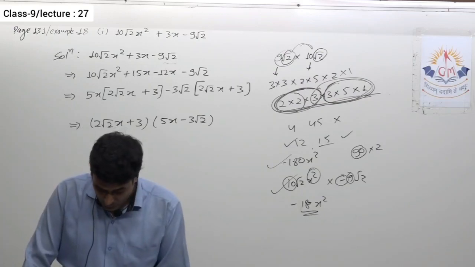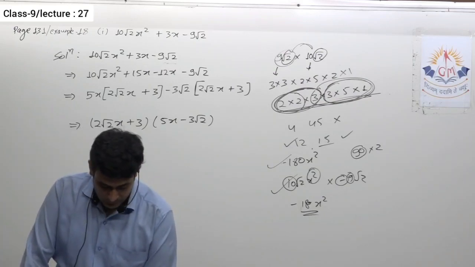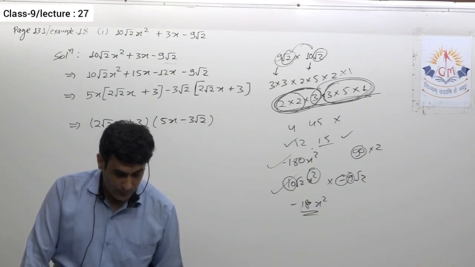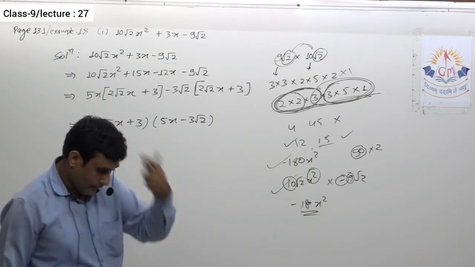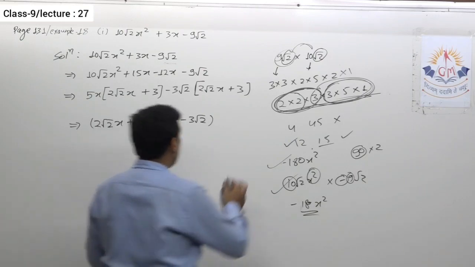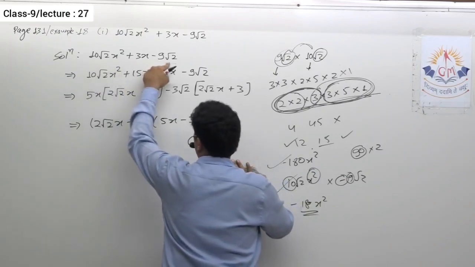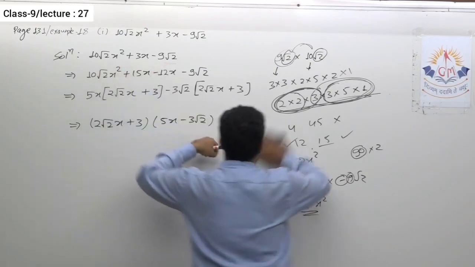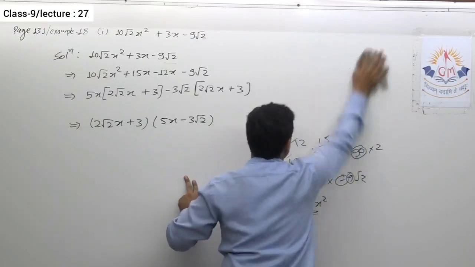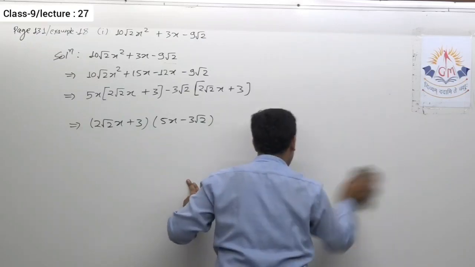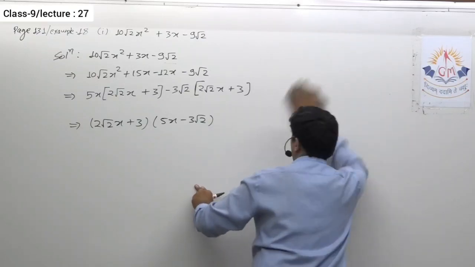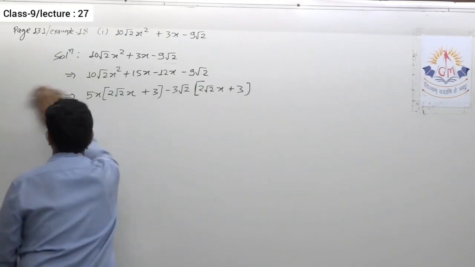Okay, now there is one more question related to this, in example number 19. So we'll see x square plus 3 root 3x. See, over here the irrational terms are in the first and last term. Now the next question that I am taking contains the irrational term as its middle term.